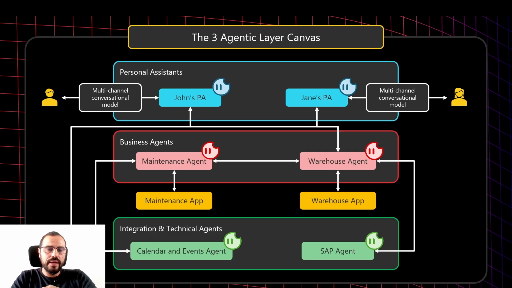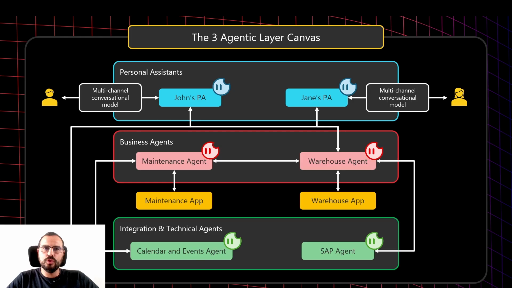And why did I have the need to do the separation in the first place? One of the reasons was because I noticed that there were two very distinct reasons why I wanted to deploy an agent.